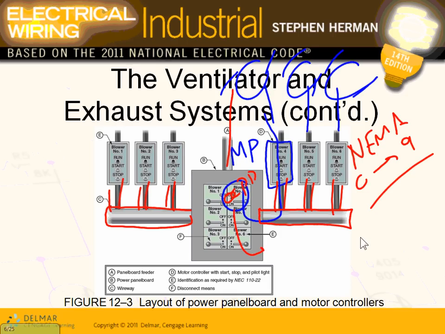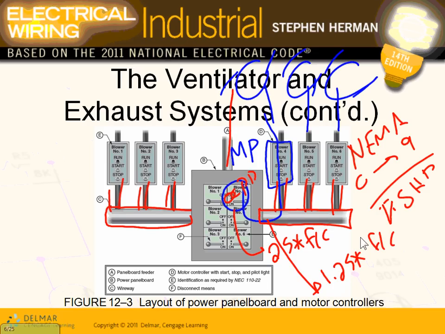For example, if it's an inverse time circuit breaker, it's multiplied by the full load current from the NEC. NEMA based on the voltage and the horsepower. What else do we need? Conductor. The conductor here is 1.25 times the full load current from the NEC. Overload, you size it at 1.15 to 1.25 based on the characteristics of that fan.